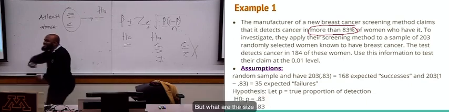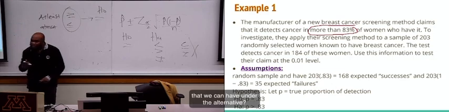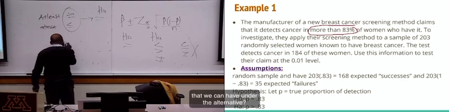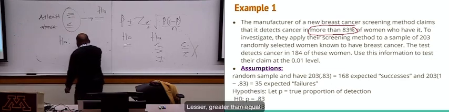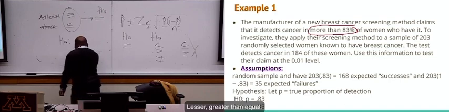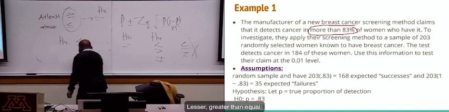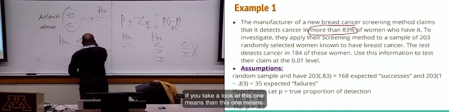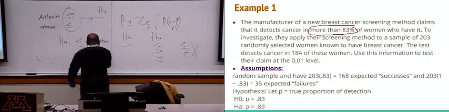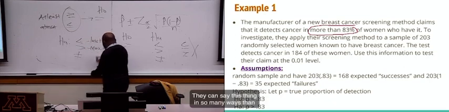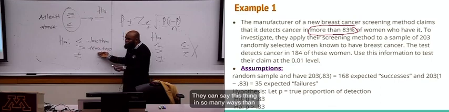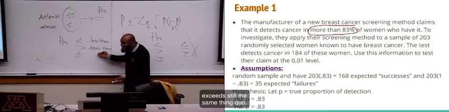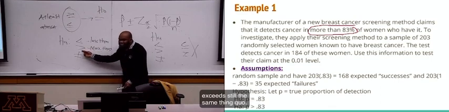But what are the signs that we can have under the alternative? Less than, greater than, not equal to. This one means less than, and this one means more than. They can say this in English in so many ways. More than, exceed, greater than is still the same thing.